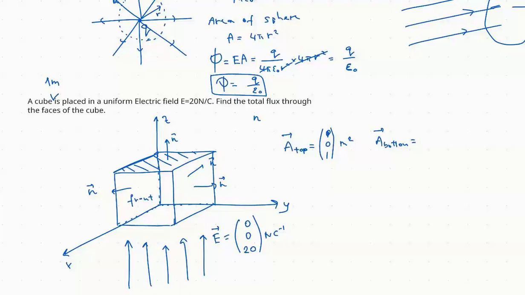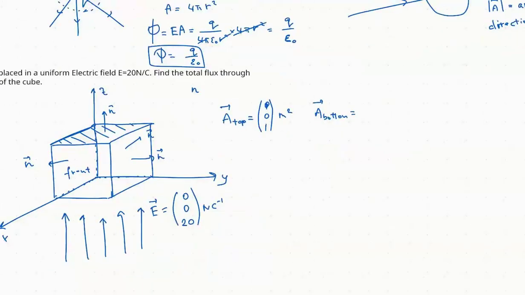We'll work out the units for flux in a minute. It's obviously newtons per coulomb times meter squared, and we can simplify that. Does it have its own unit? I don't think it has its own unit.